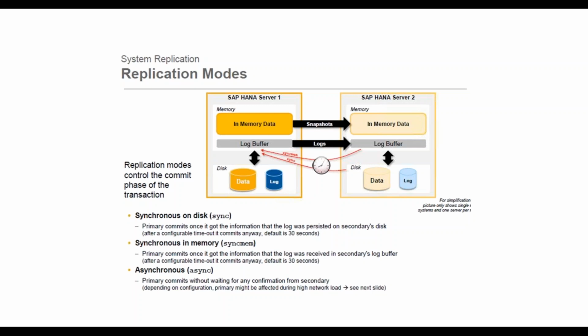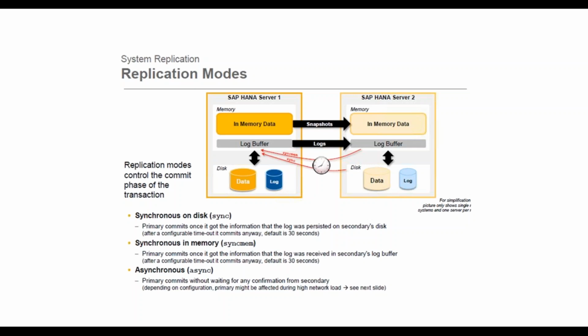Because system replication is configured, this data will be sent to the secondary. In the secondary, first it will be written into the memory, that is the log buffer, and then into the log segment of the secondary, the disk, and then you'll get an acknowledgement from the secondary. Only then is your transaction completed in the primary.